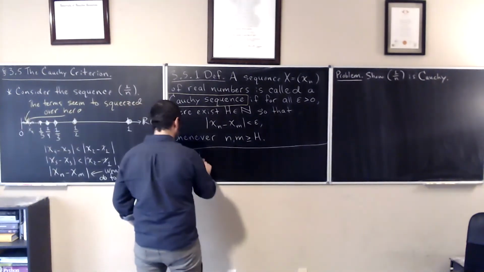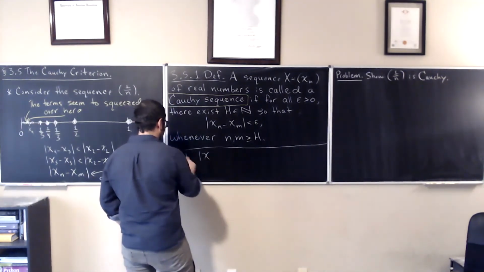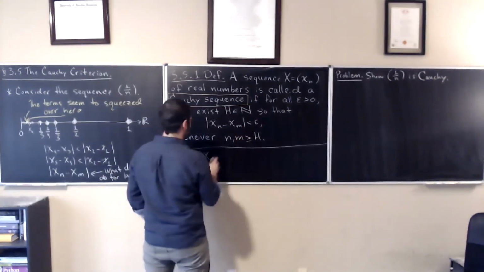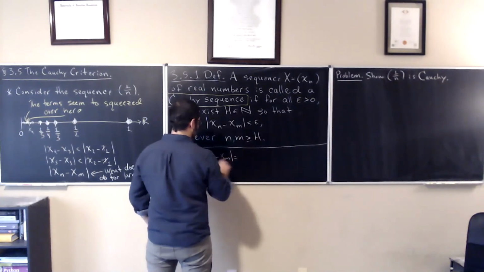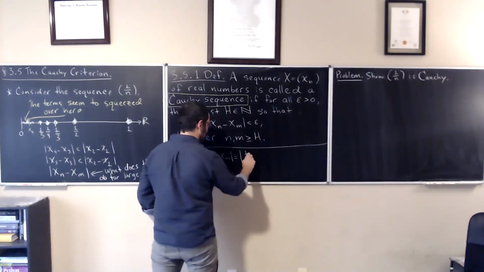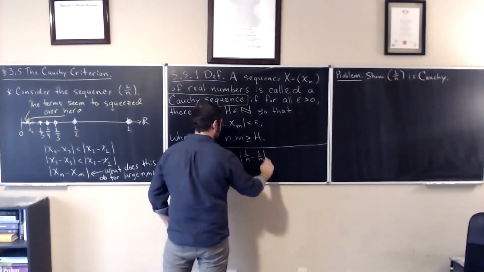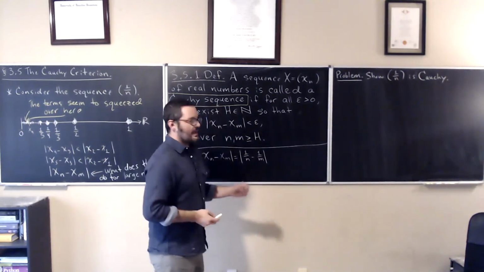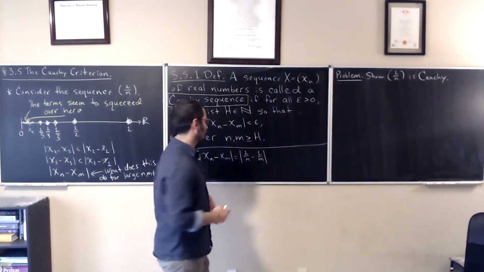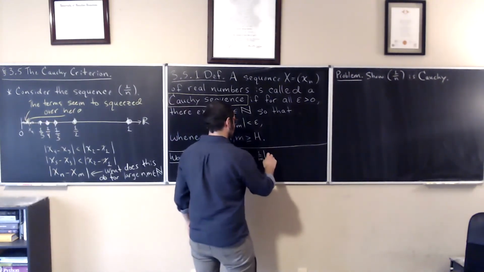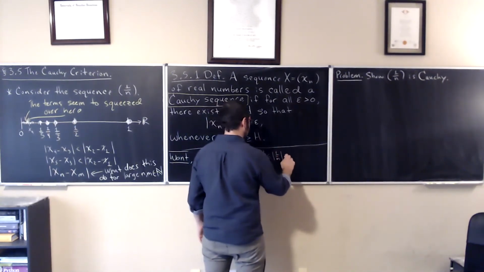So what do I want? This is again scratch work. I want to consider 1 over n minus 1 over m, which, if you add and subtract 0 in the middle and apply the triangle inequality, you'll see is at most this.